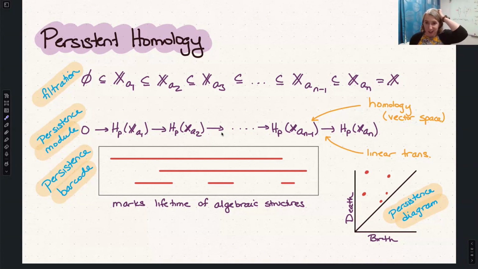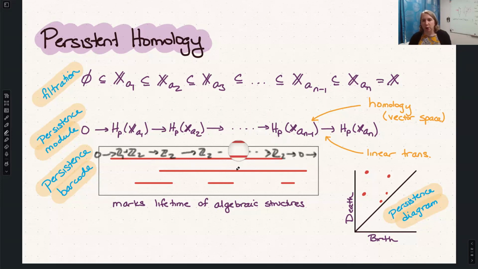There are some really nice theorems that say that for nice enough starting input conditions for your persistence module, I can promise you that it can be broken up uniquely into pieces in the following manner: I can come up with bars, which end up being persistence modules that have, with Z2 coefficients, one-dimensional homology for each of these pieces with identity maps between them, and then 0 outside of these.